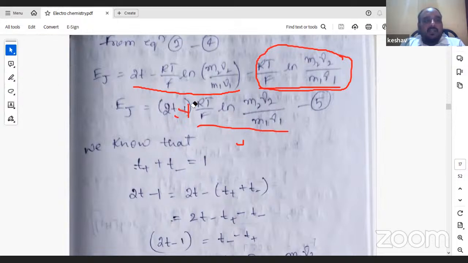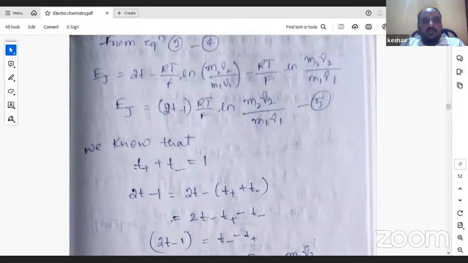So by simplifying 2t minus 1, I will show here. We know that t plus and t minus together equal 1. Then 2t minus 1.